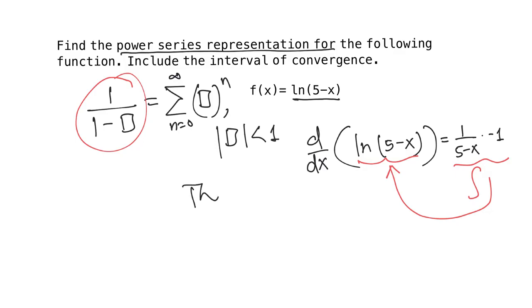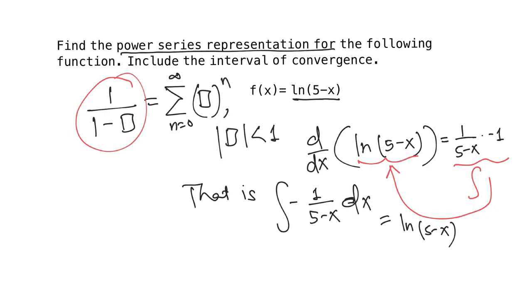The antiderivative of negative 1 over (5 - x) with respect to x is simply ln(5 - x). So to find the power series for ln(5 - x), we can just find the power series of this, negative can be pulled to the front, and integrate.